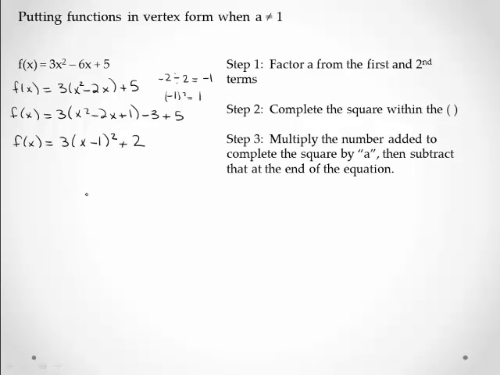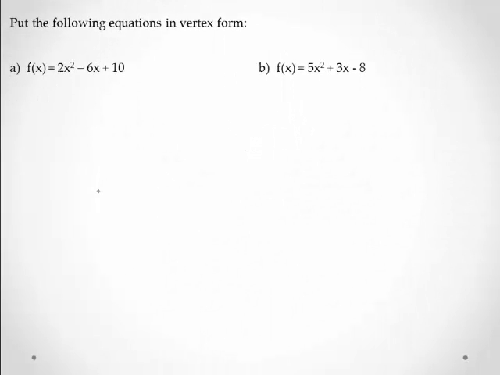So let's try another couple of those. Okay, I'm going to factor out my 2. Now I'm going to complete the square. I've got this 3 here, so I need to take that 3 and divide it by 2, then square it. That's going to give me 9/4. Now just to see what that equals when I multiply it by 2, it'll be 9/2.